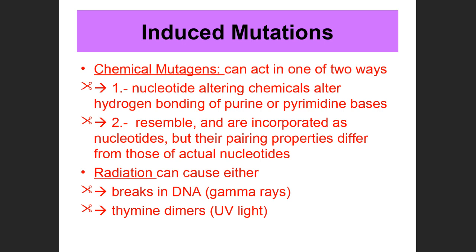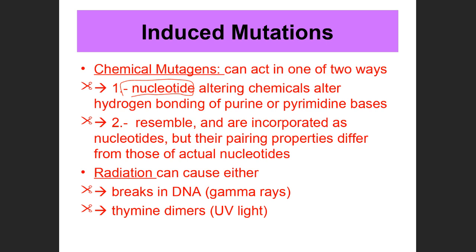Give me a second. When it comes to chemical mutagens, it says here that there are two ways in which they act. There's really three ways. I need to one of these days fix this PowerPoint. A chemical mutagen could physically alter the nucleotide so that it will not bond correctly, so that now we can have an altered A that bonds with C's, for example.